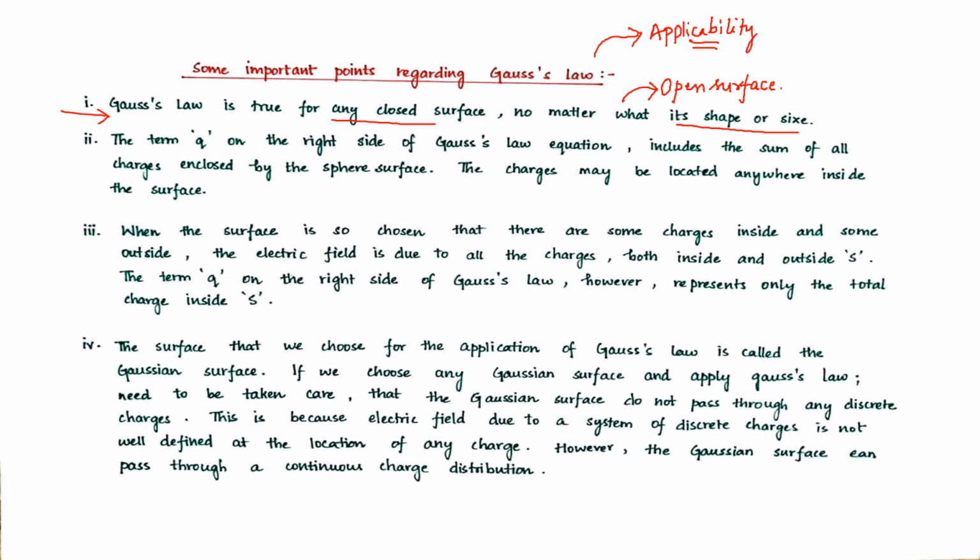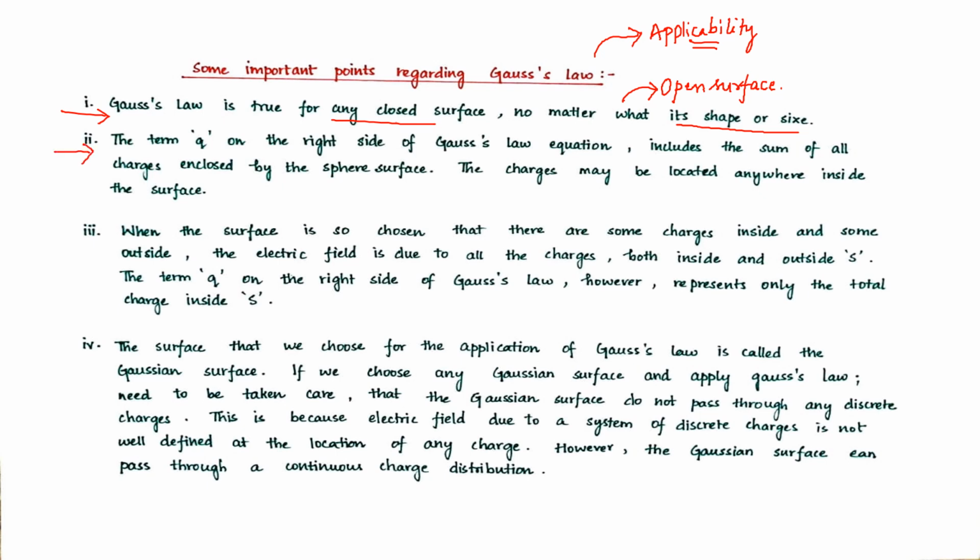We always miss reading the meaning between the lines. When they emphasize any closed surface, it implies that we have to think about the opposite of closed surfaces, that is the open surface. So that should be taken into account.